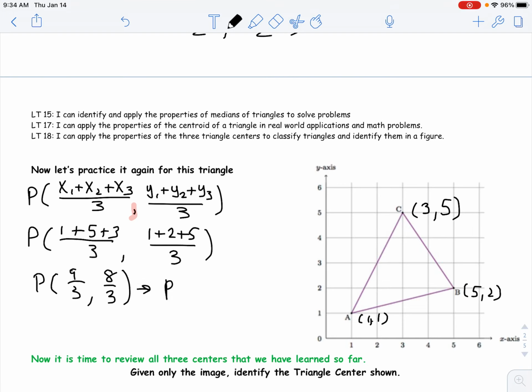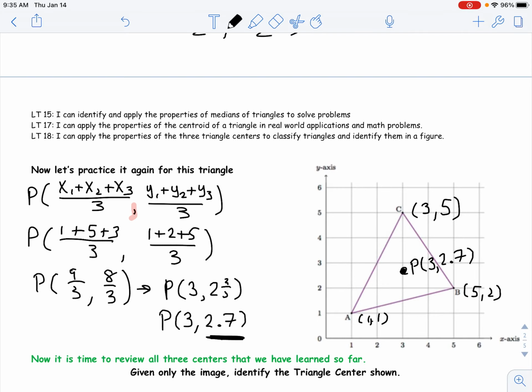Which goes to 3 and 2 and 2/3. All right, or we could write it as 3, and with a little bit of rounding, about 2.7. All right, that's why I like this. We got a decimal. Sometimes if you get messy numbers, would we know that point if we found the centroid was exactly what it is? No, we would have to kind of guesstimate. So we're going to write 2.7, rounded, but that's it, all right?